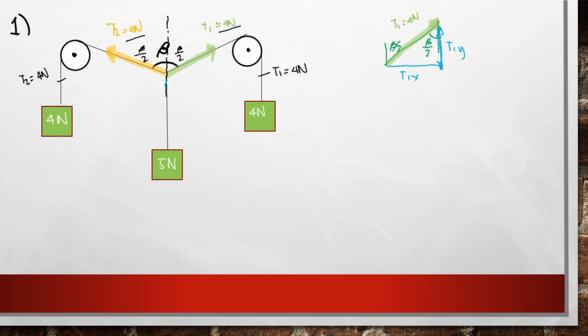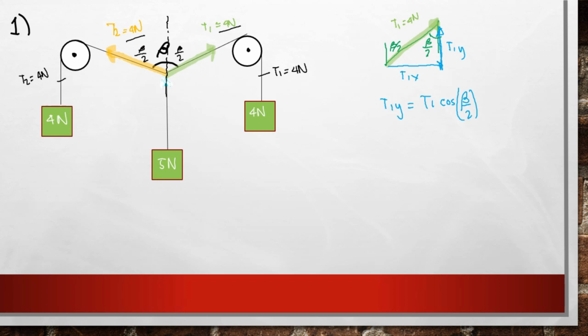If this is beta over 2 and this is T1 and this is T1y, we say that T1y is equal to T1 cosine of beta over 2. All right. That is our T1y.